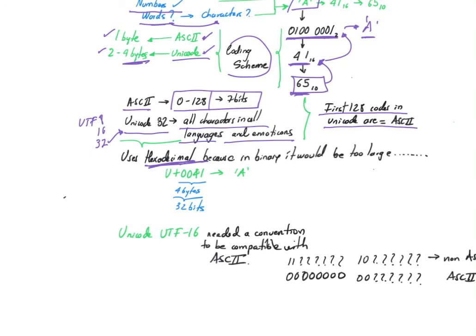So the character A can be represented in this coding scheme. This means Unicode, and these are 4 hexadecimal digits. Now in UTF-32 we have 4 bytes, which is 32 bits, right? Right here we're just using 2 bytes or 16 bits, which is 4 nibbles, right?